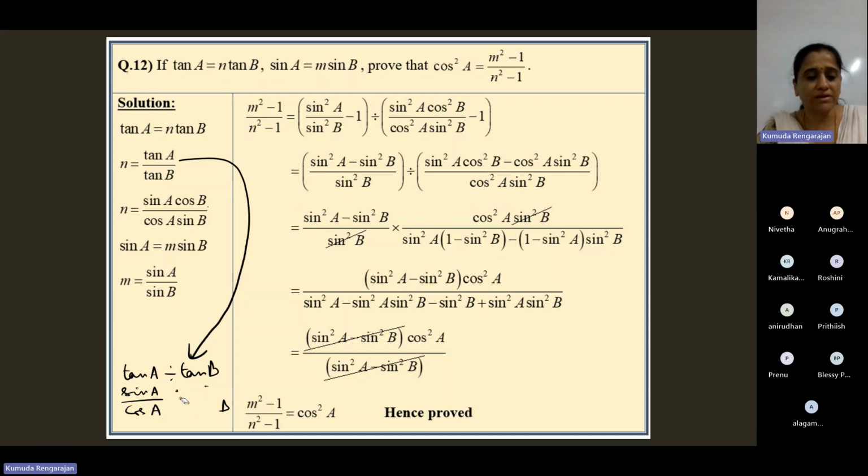Cos B will go up and sine B will come down. That's what I've written here, student. So you can just take that one extra step. When you're not sure, it's better you give 1 or 2 extra steps and write it correctly than skipping them and going wrong. Then the whole thing is going to go wrong.